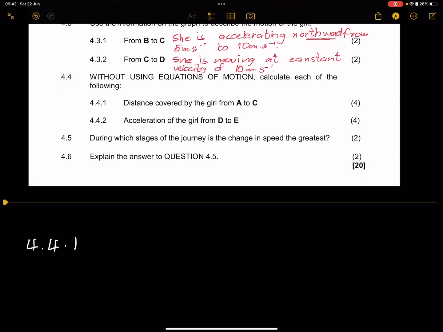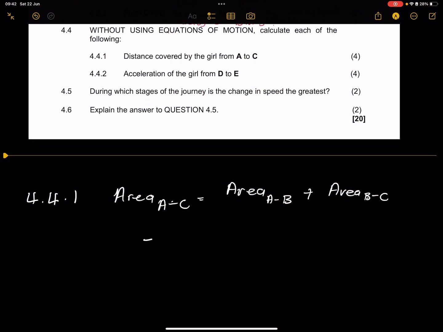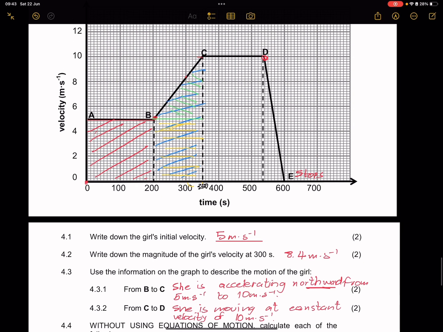If we're looking at the distance, we're going to say the area of A to C will be equal to the area from A to B plus the area from B to C. Now let's start with the area from A to B. We said from A to B we have that rectangle there.